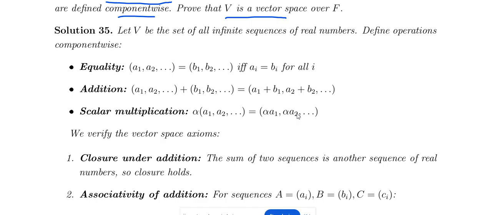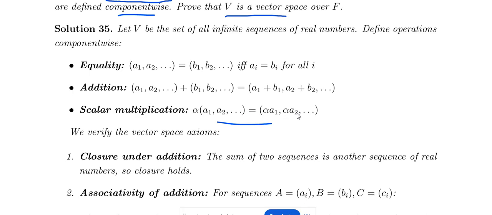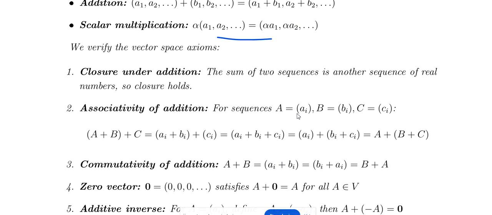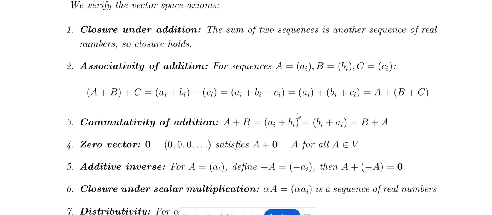Addition can be defined like this, and scalar multiplication. This is obviously closed, associative, commutative. The identity is the zero sequence, and the inverse is the negative of the sequence.